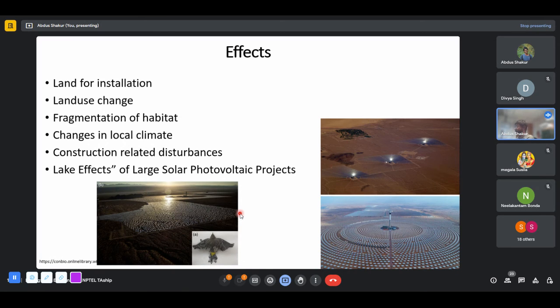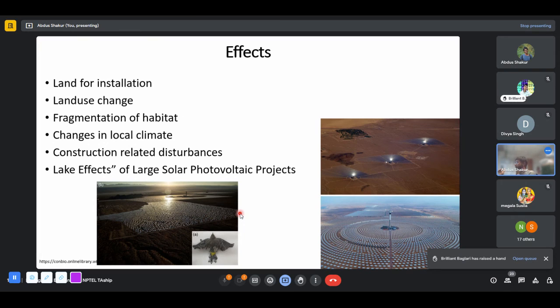For instance, some organisms might just love it there. Think of some lizards that need warm temperatures to bask. They can bask in the sun, and then once they are warm enough, they can run out and hide under the shade of the panels.